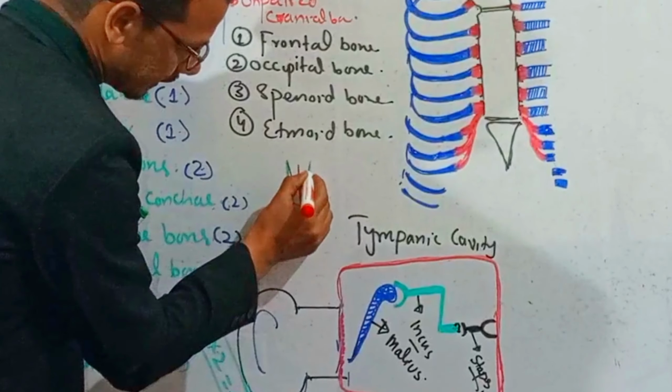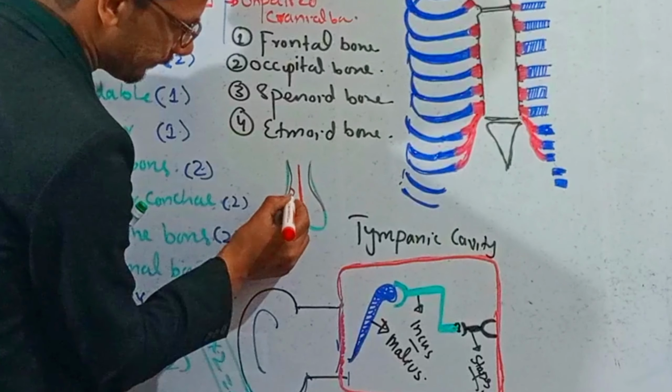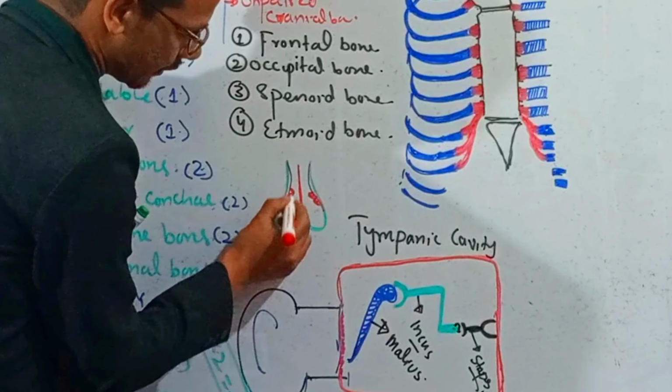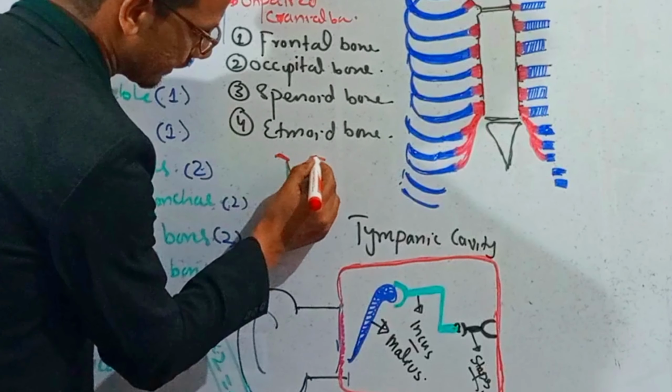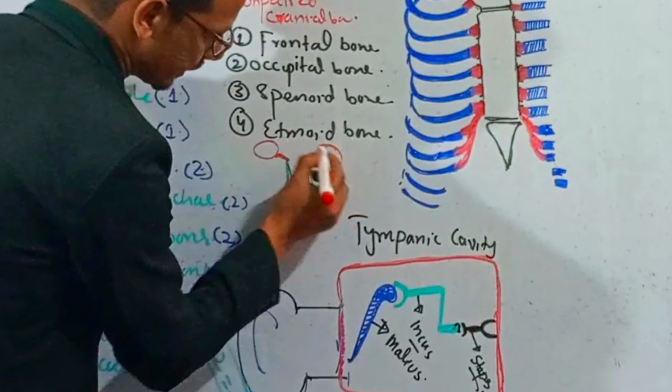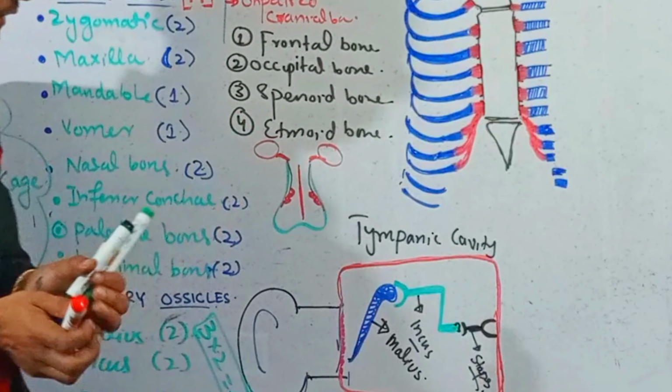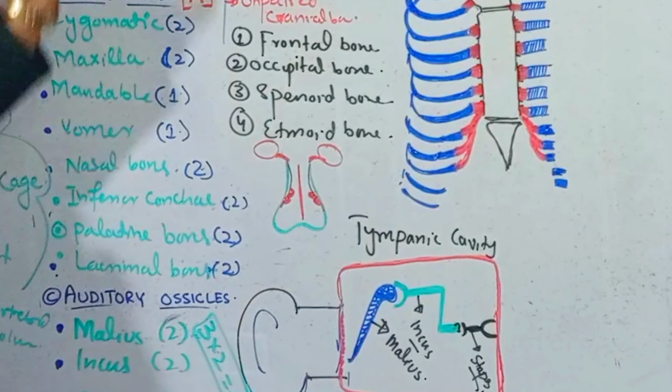These bones are called nasal bones. This is inferior conchae and palatine bones, and the bones present here, which are near the orbitals, are lacrimal bones. So these are the bones of the skull.